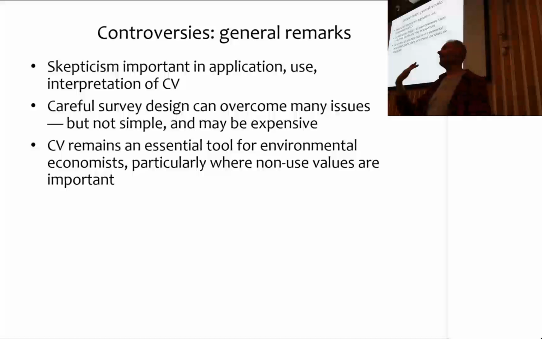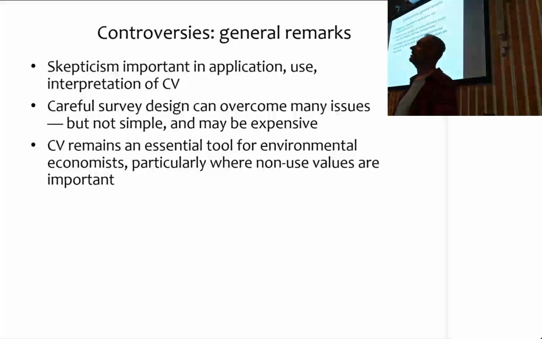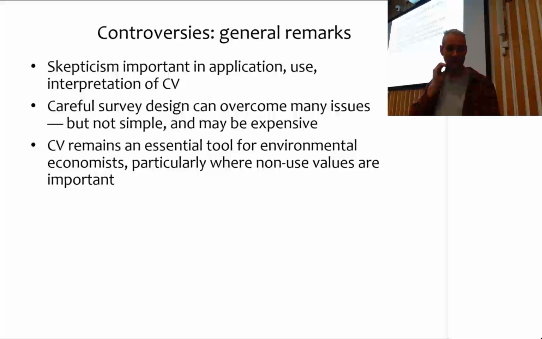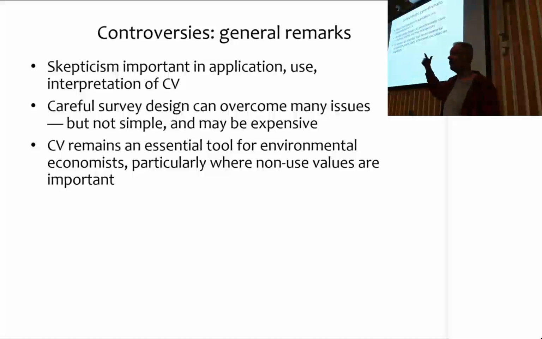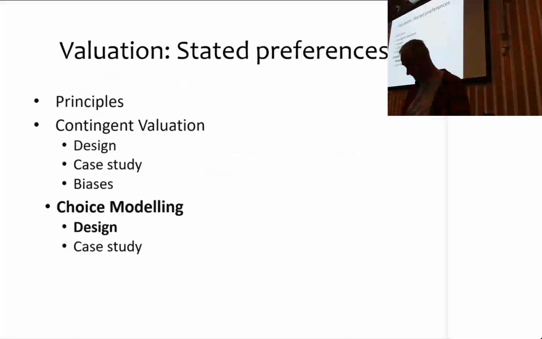But definitely, if you want to do this state of the art, if you want to have a credible contingent valuation study, then there's a lot of effort that will go into the very careful design and testing of what you're gonna do, and very extensive analysis of what you found, right? But it remains very popular, and because it can deal with all values, not just direct use values, it remains an essential tool. 20 minutes left.